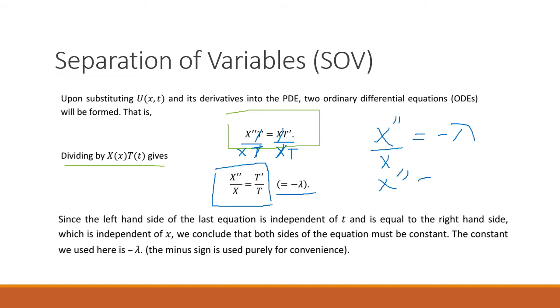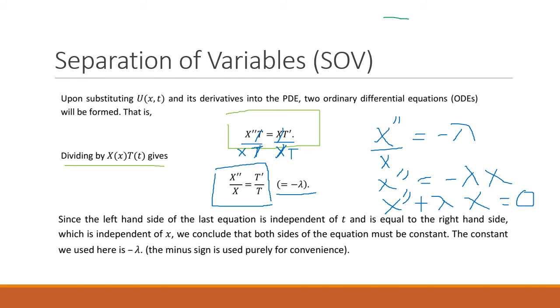So bila kita tulis balik, awak akan dapat X double prime equal to minus lambda X, kan? Ataupun kita boleh tulis balik dia dalam bentuk X double prime plus lambda X equal to 0. Okay.